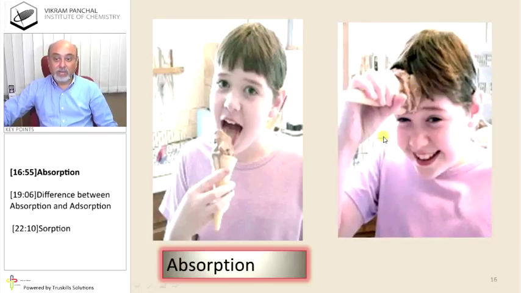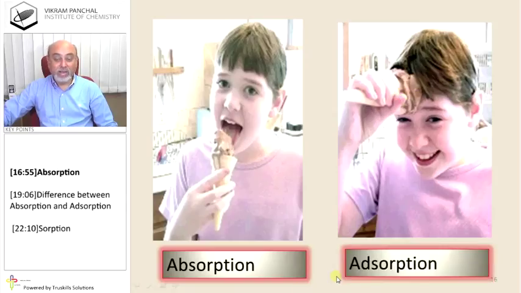But eating ice cream on this face is not absorption, where the ice cream remains on the face only, so that is called adsorption. So this is absorption, and here we have adsorption. So there is a difference between absorption and adsorption.